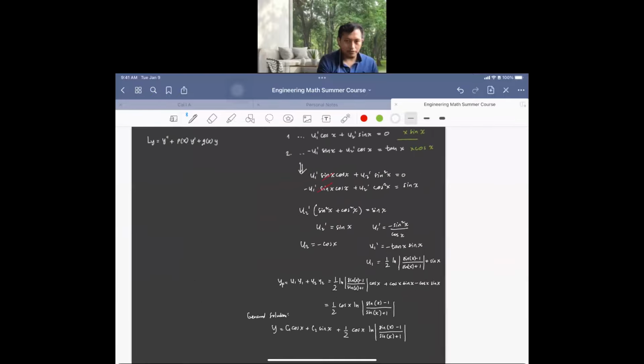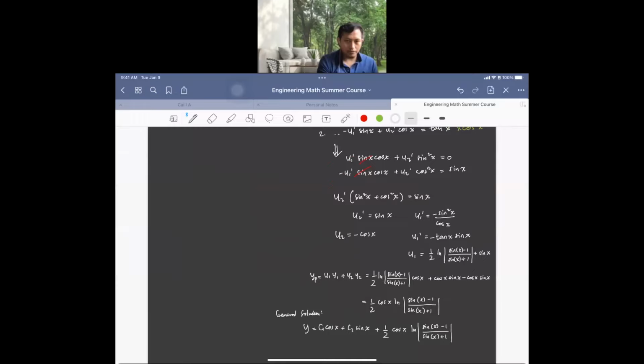Yeah, a little bit complex and complicated because you are going to have u as your multiplication for your particular solution, and there is no specific method.